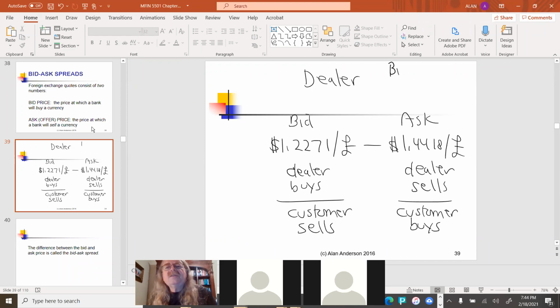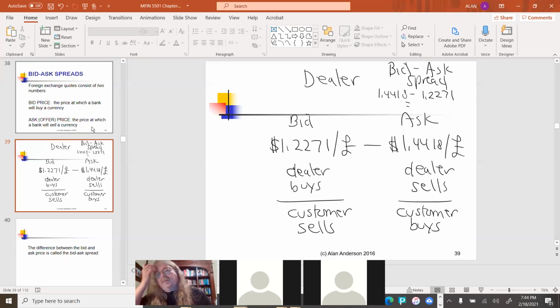We call it the bid-ask spread. And you just simply subtract one from the other. By the way, these are usually quoted out to 4 places. So that's why I did it this way. 144.18 minus 122.71, 0.2210.